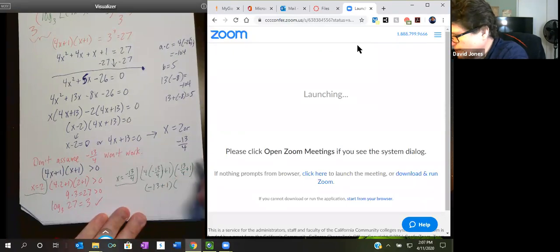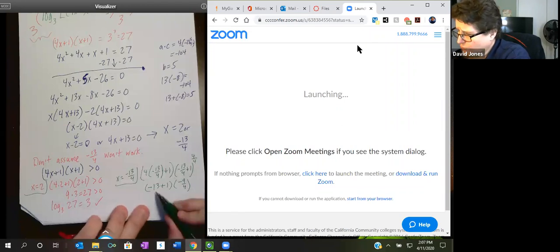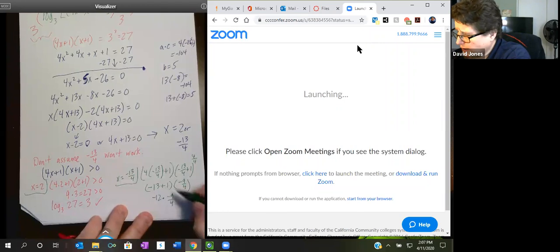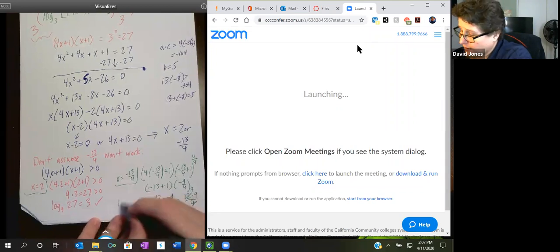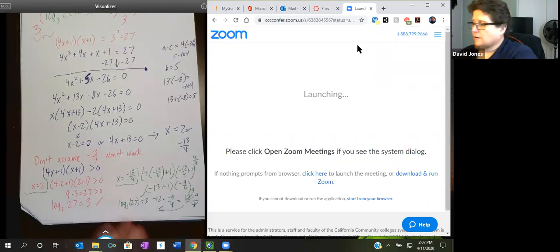And this is 4 over 4, so this is negative 9 fourths. I get negative 12 times negative 9 over 4, which is positive 12 times 9 over 4. 12 and 4 simplify to 3. This is again 27. Both worked.